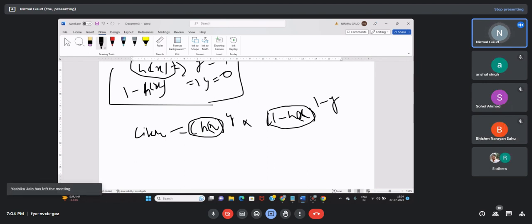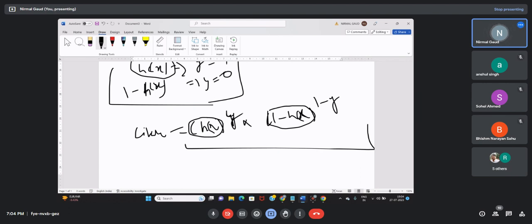Now we are talking about the likelihood, that means the chance that this is going to happen. So to find the chance, we put this in a particular format, h(x) to the power y times (1 minus h(x)) to the power 1 minus y, because these are the chances that it's going to happen. That's what the likelihood means.